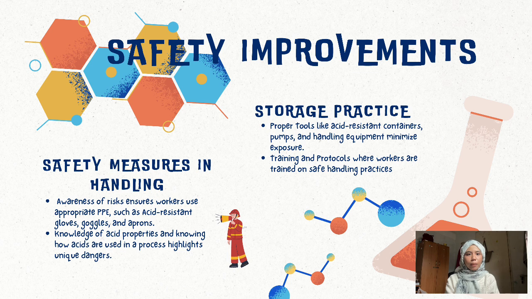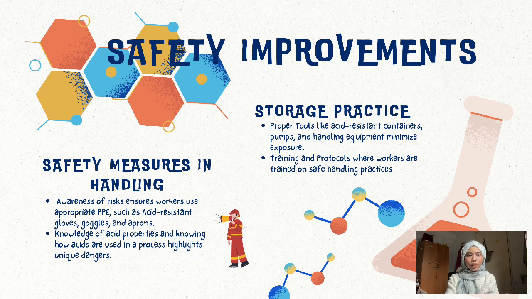Next, safety improvement in the workplace includes critical safety measures in handling and proper storage practice. Awareness of risk ensures workers use appropriate personal protective equipment (PPE) such as acid-resistant gloves, goggles, and aprons.